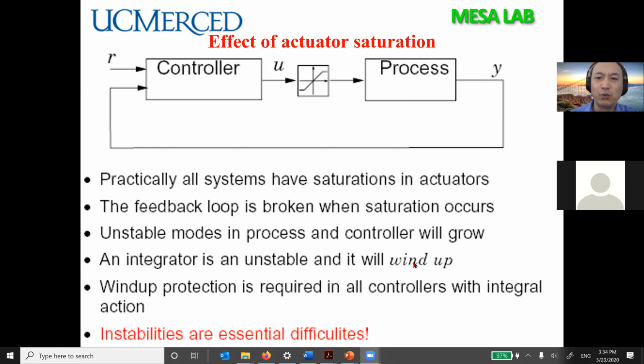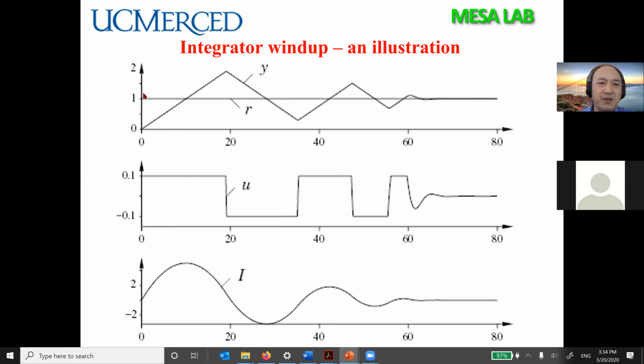This is not wind like the breeze, it's wind up, like winding, okay? I'm going to give an example of this windup phenomenon. So we have a step response, this is my PID, the I component. Let's assume I limit my control signal from minus 0.1 to positive 0.1. Of course, this is purposely limited to small on purpose to see how it goes.